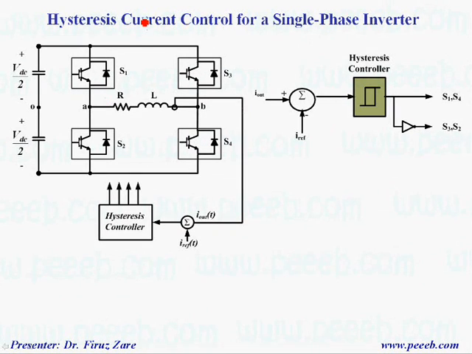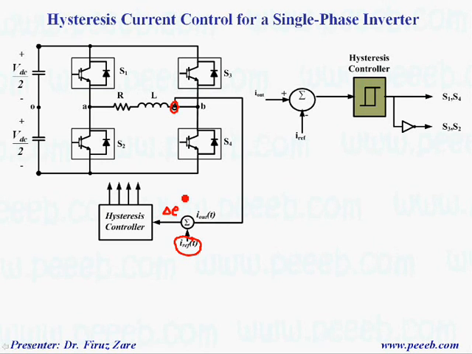In hysteresis current control, we measure the load current and compare it with the reference current, and basically we shape the load current based on the reference current by changing the switching state. When we change the switching state, we change it based on this error.